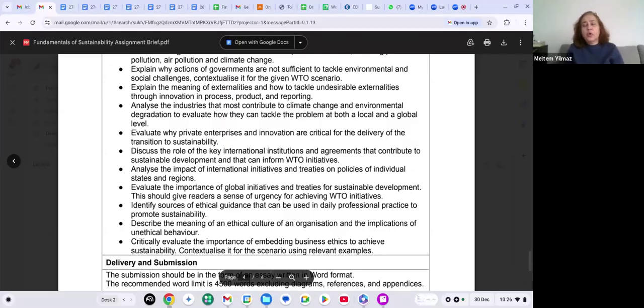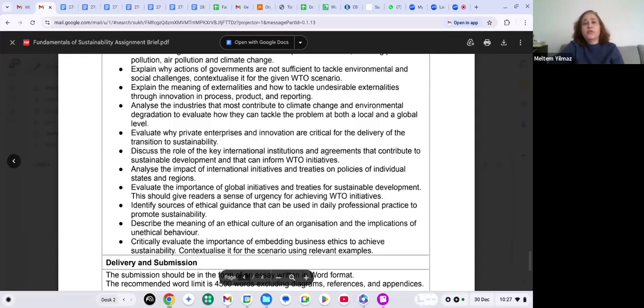So we expect from this paper, it is a scenario: build a scenario for the World Trade Organization. However, in this paper, we are also expecting what you have understood from the five target learning outcomes of sustainability, the fundamentals of sustainability, and the relationship between the global institutions, private entities, and the impact of climate change, biodiversity loss and pollution.